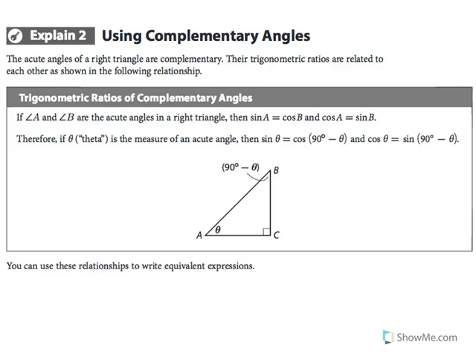If angle A and angle B are acute angles in a right triangle, then sine A is equal to cosine B, and cosine A is equal to sine B. Therefore, if theta is the measure of an acute angle, then sine theta is equal to cosine of 90 degrees minus theta, and cosine theta is equal to sine of 90 degrees minus theta. You can use this relationship to write equivalent expressions.